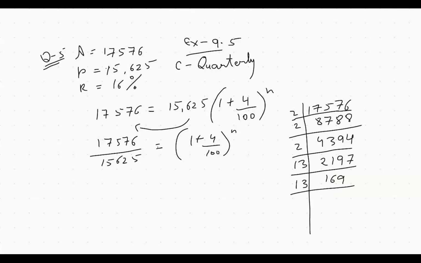Because if I do it with 13, I can get the cube root. Okay, I'm getting a cube root here. It's the same, Anna, if you do it with 7 also. I did it with 13 directly because it's shorter and gives me the cube root. But if you do it with 7 also, you will get the cube root. This is a cubic number. 17576 is a cubic number, so you will get a cube root.